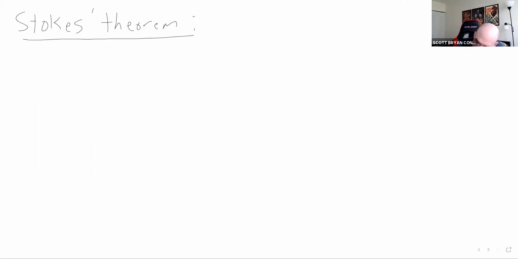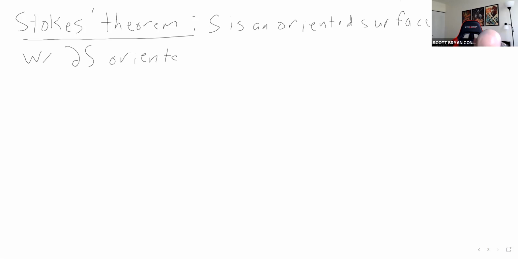In this setting, S is an oriented surface with the boundary of S oriented as we just mentioned. We'll say it's given the positive orientation in that case. That's how we positively orient the boundary. So the boundary of S is oriented according to the rules we just said.